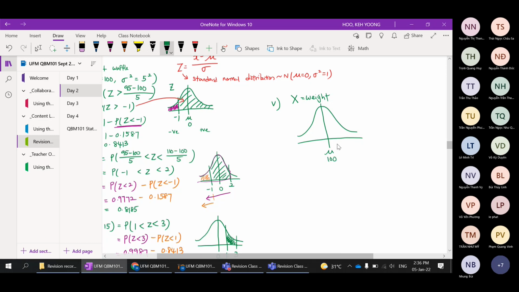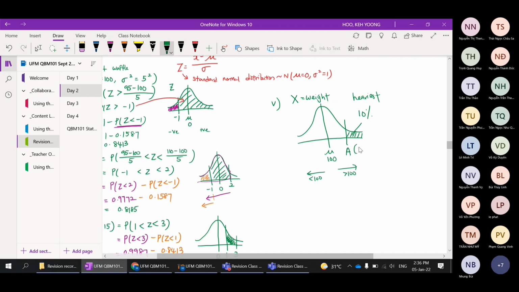To the right side you have more than 100, to the left you have less than 100. We are interested in the heaviest 10%, so definitely more than your mean, the area to the right.